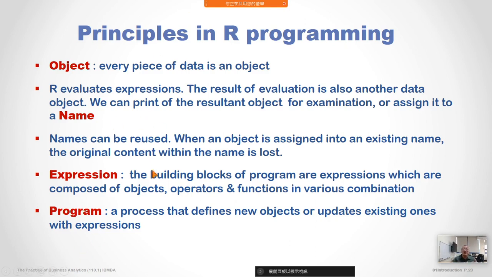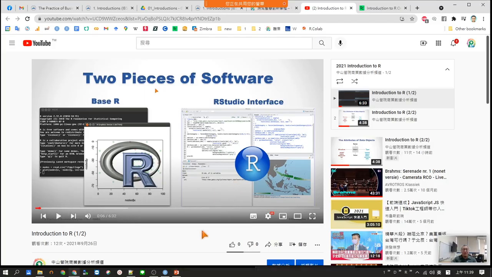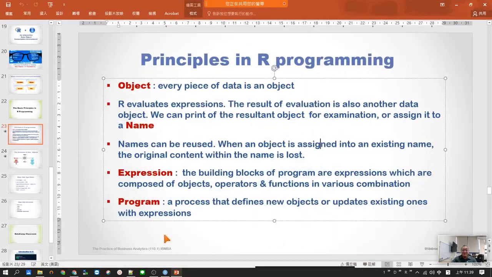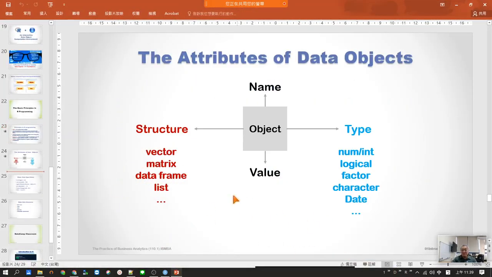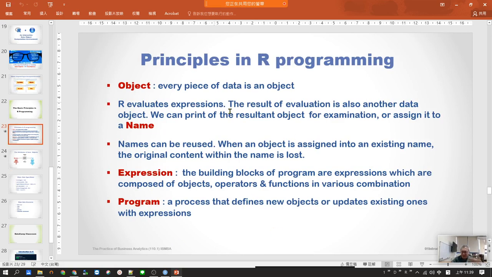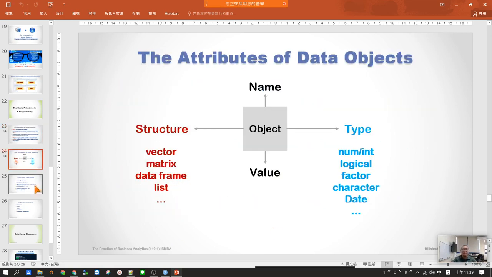So with this four principle, and with this data type and data structure that you will learn in your first week's homework assignment, I mean, with this simple principle and with the data type and structure that you will learn in your homework assignment, actually you are ready to write program already.